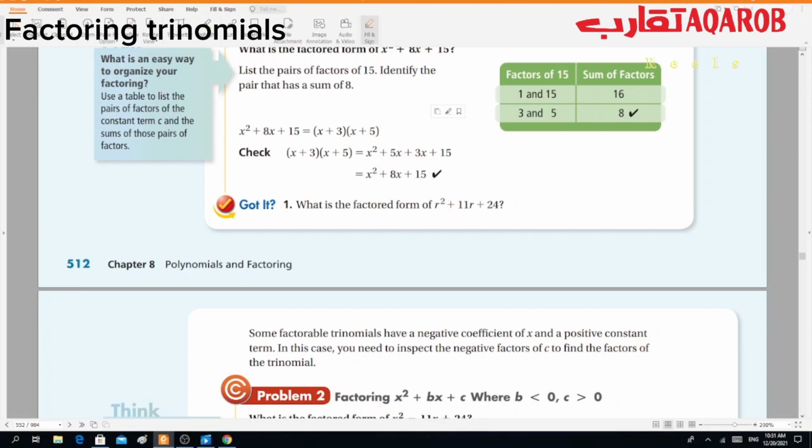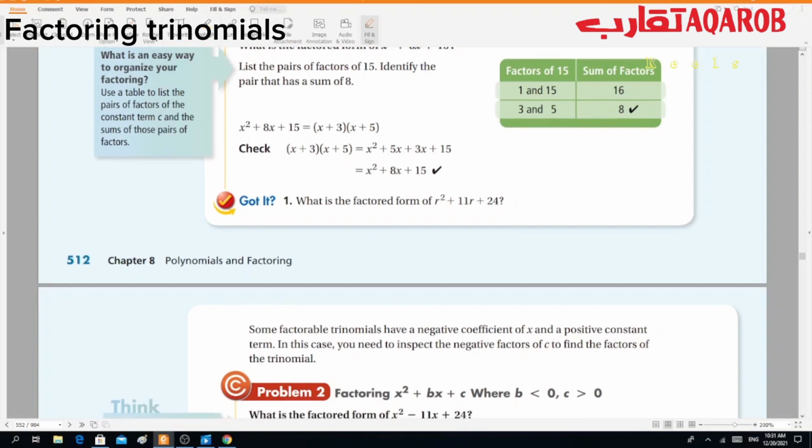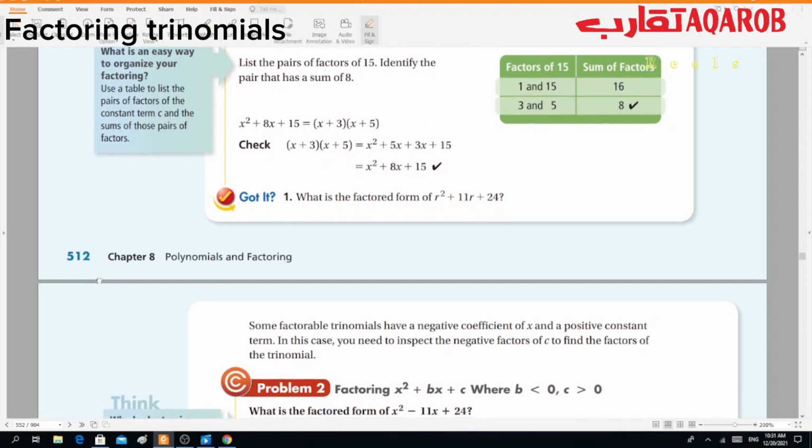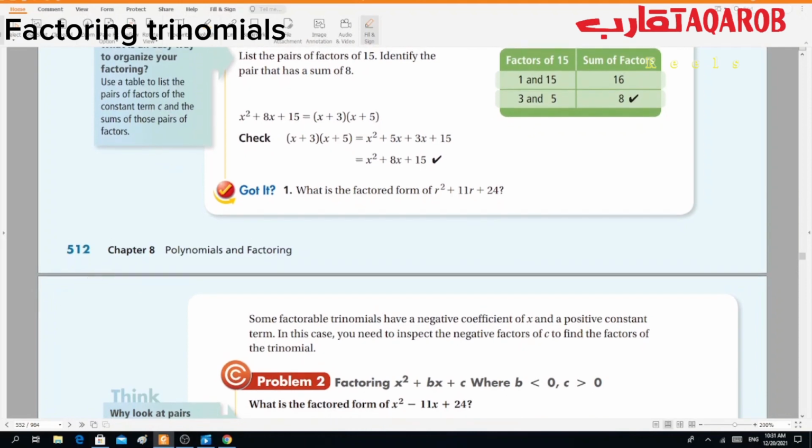Then, what you will do, miss? You will factor x squared into x and x. So you will put x in the first parentheses. In the second parentheses, you will put x. Then you will look at the last term in the trinomial, which is the constant.